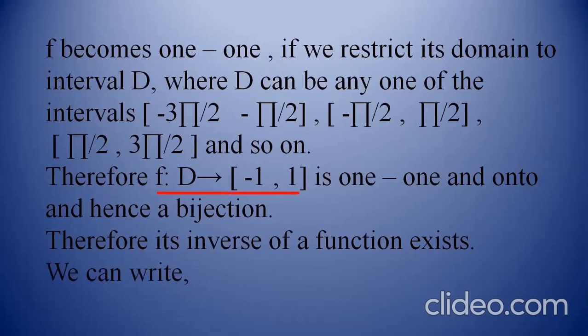So we can write f inverse from the closed interval minus 1 to 1 to D. It means in this we have to reverse the order when writing the inverse of the function.